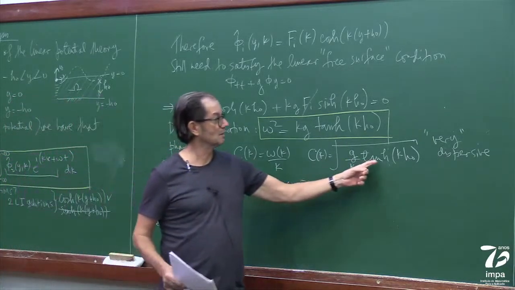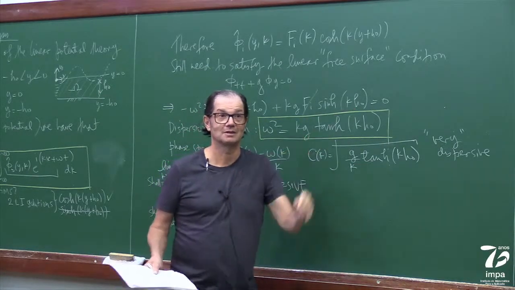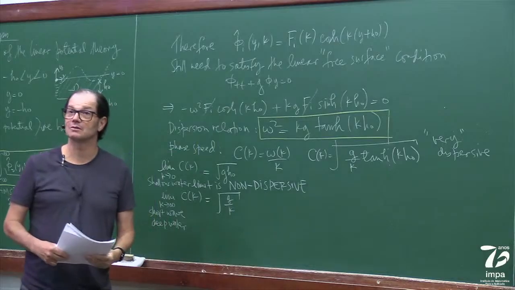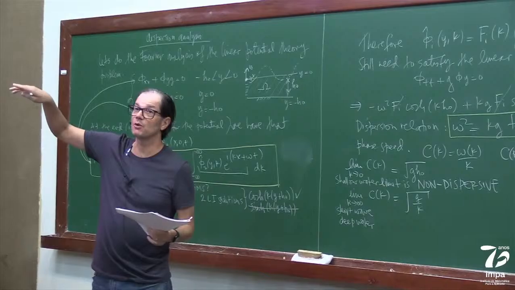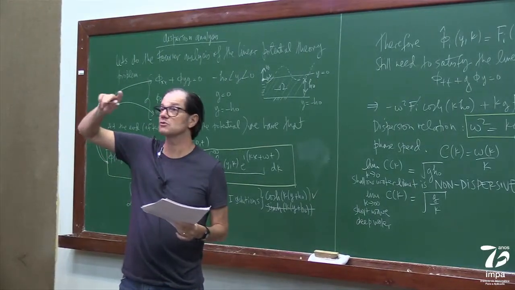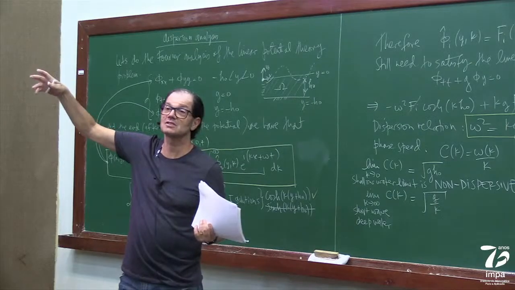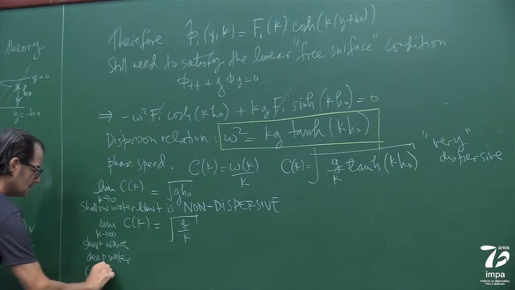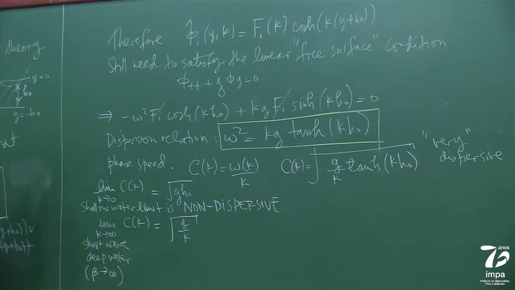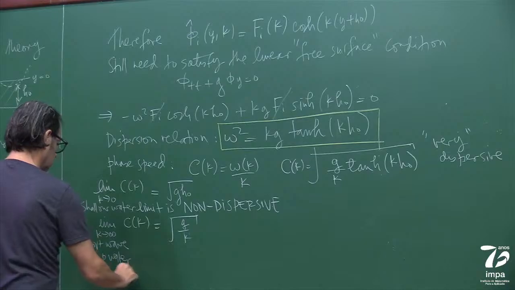That's very simple because hyperbolic tangent goes to 1, right? So that's when you're in very deep water. If you have little ripples, little small waves on top in the swimming pool, they're in the deep water regime, right? Which is the same thing as beta going to infinity, right?